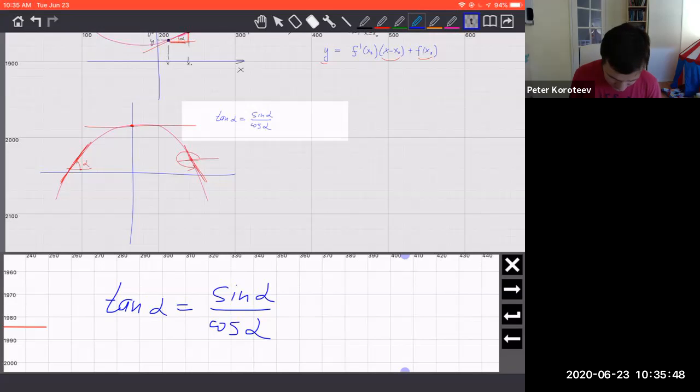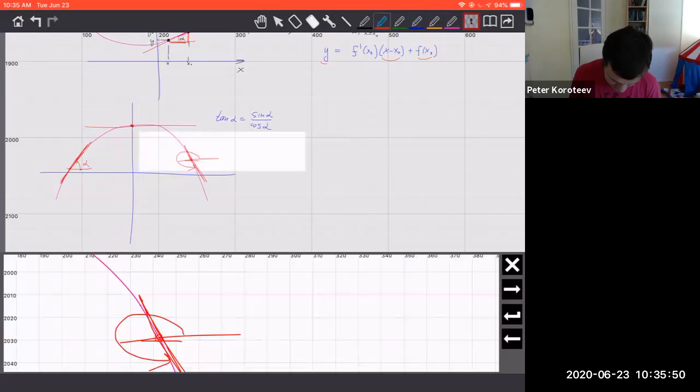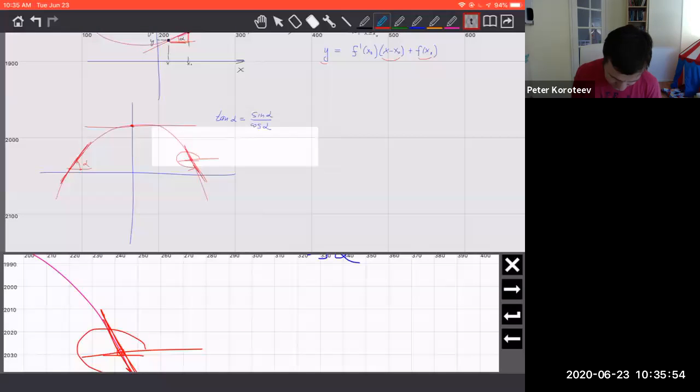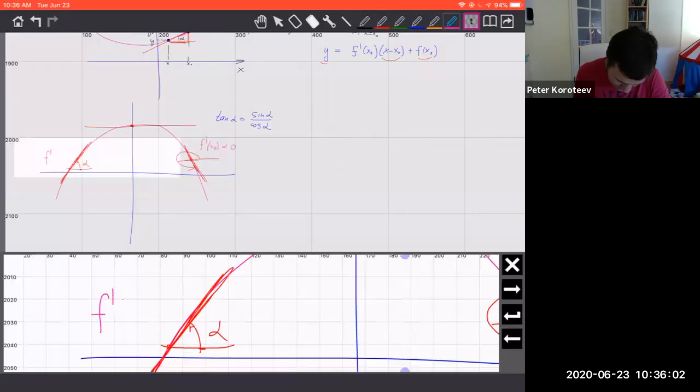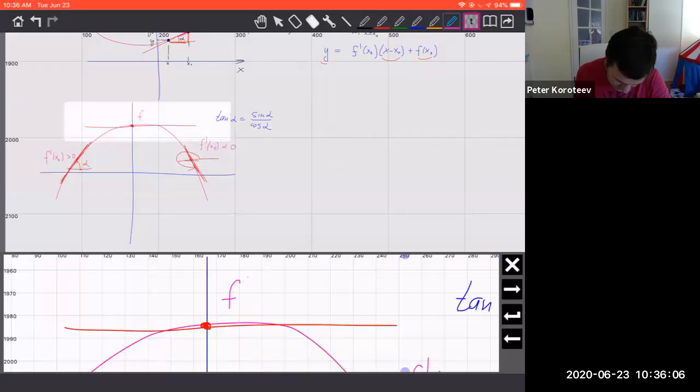So in this case, tangent will be negative, so the derivative is less than 0. So here f prime of x0 is less than 0. Here the derivative is bigger than 0. And here the derivative at this point is equal to 0.